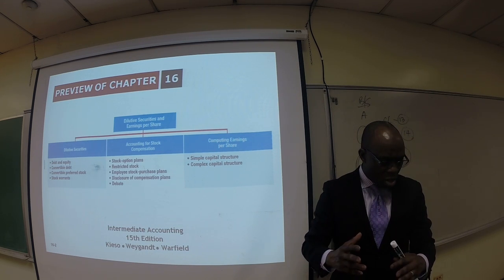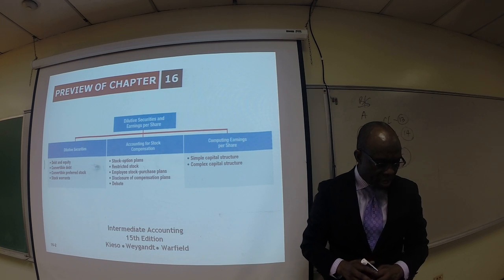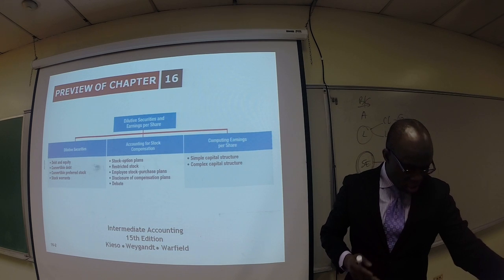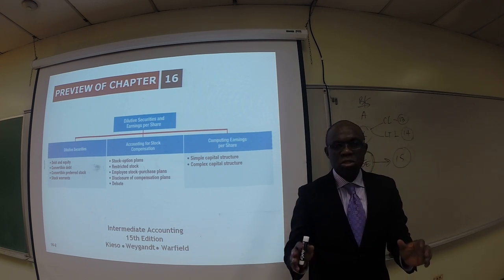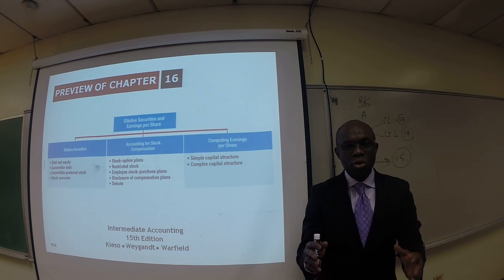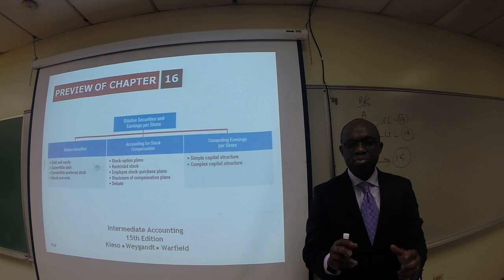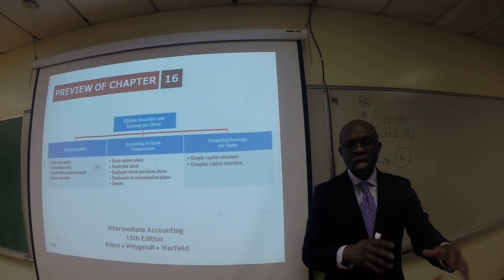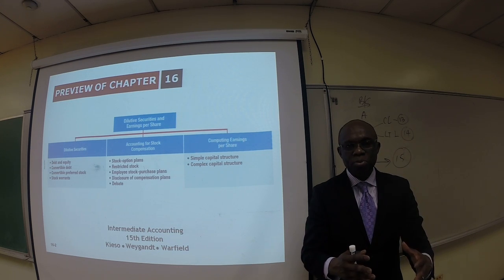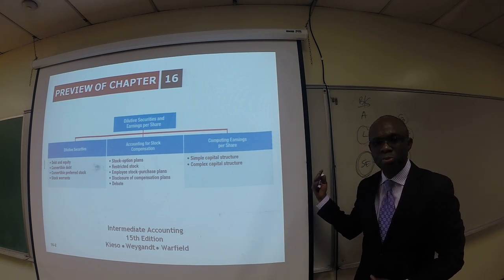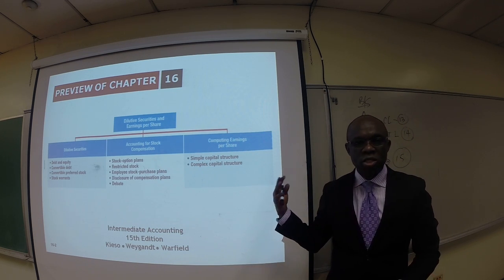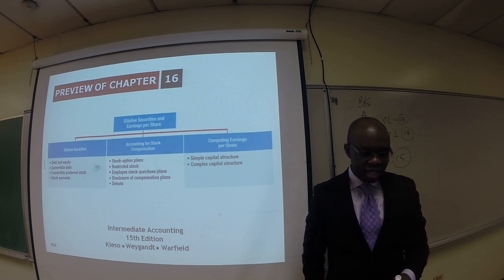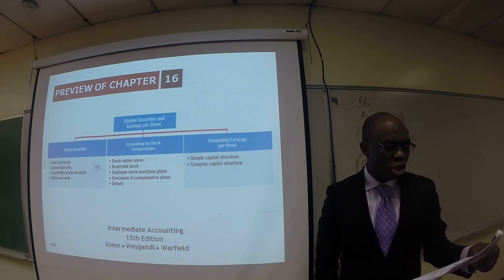Now, to that end, we are going to zero in on learning the accounting principles relative to the two main issues on hand, how to apply the accounting principles to enable us prepare a complete, accurate balance sheet in accordance with GAAP, and also how to analyze and interpret the balance sheet.